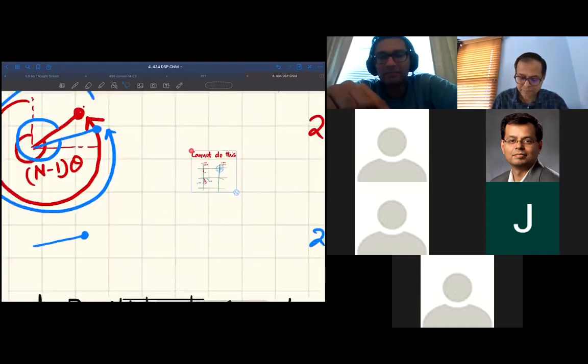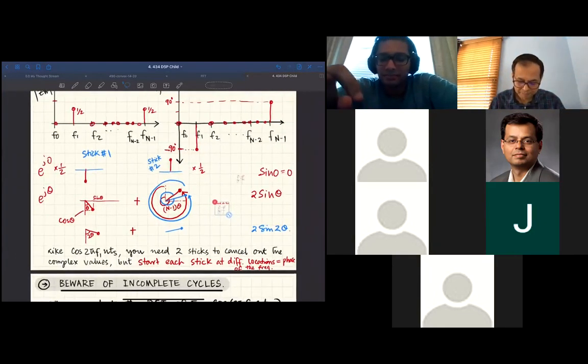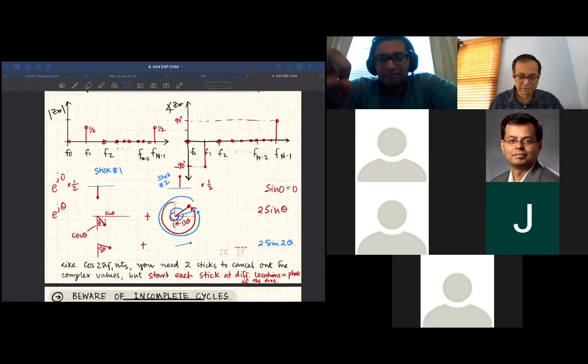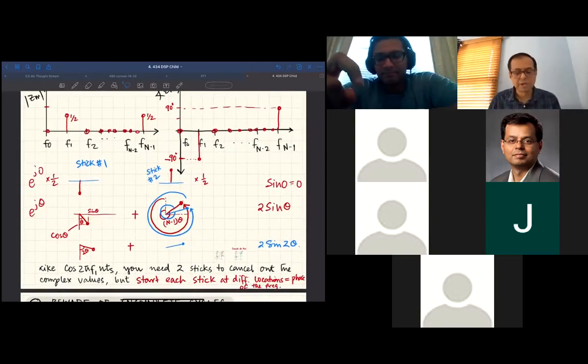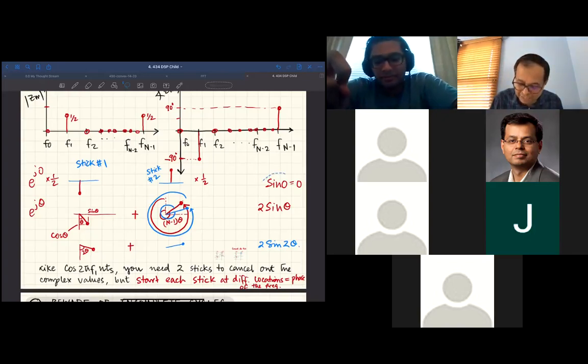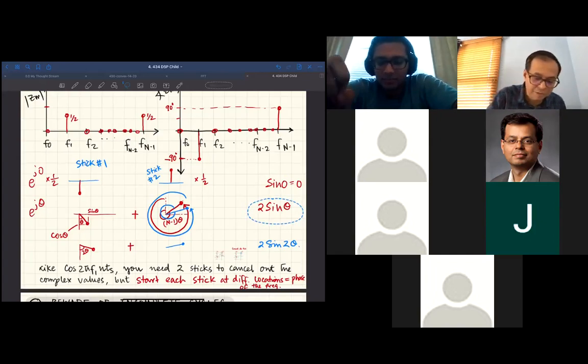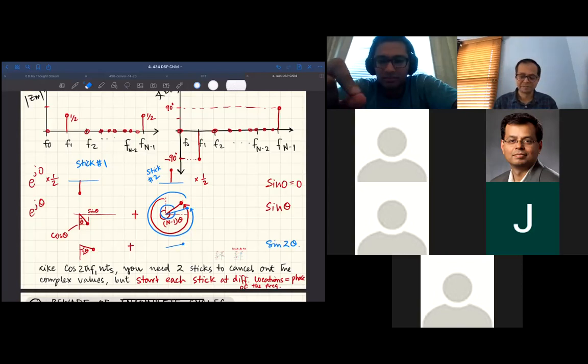Is that just a case of like, if you do something for one stick, you have to do it for the other, or does the first stick have to be downward orientation here? The first stick has to be, okay, why don't you do this as an exercise? Take these two sticks and start in some other place and see if you get sine 0, 2 sine theta, or sine theta. Oh, no. Okay, I got it. Thank you.